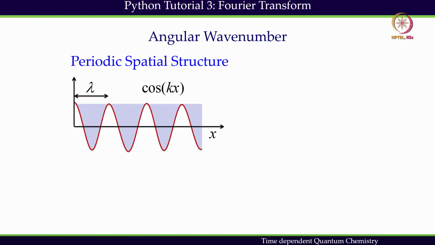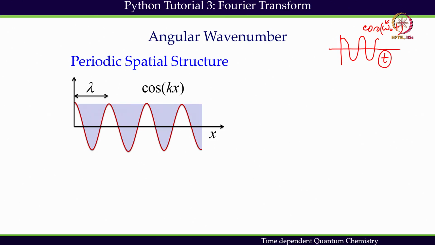Let us assume that I have a periodic spatial structure. We are familiar with a plane wave in time, represented by cos(omega naught t), where omega naught is the angular frequency, showing how many angular cycles you have per second and how quickly the variation happens along the t axis.